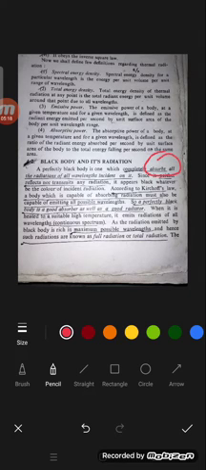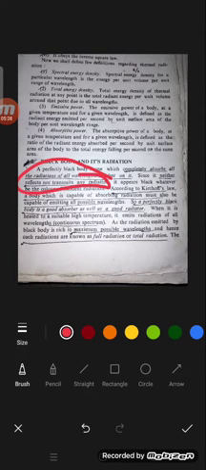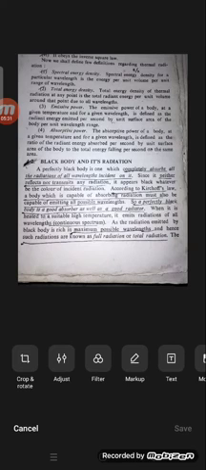It only absorbs radiation; it neither transmits nor reflects any radiation. Whatever the color of the incident radiation, it just appears black.